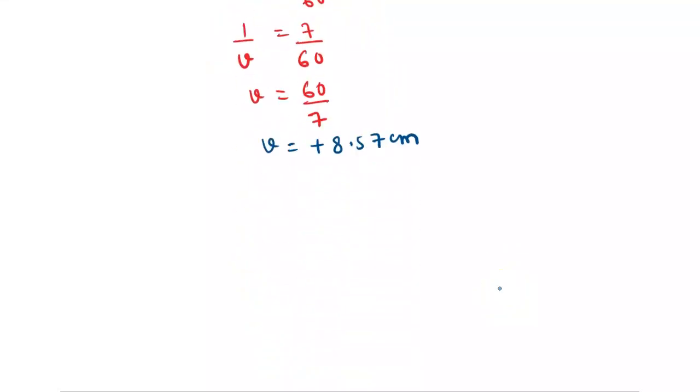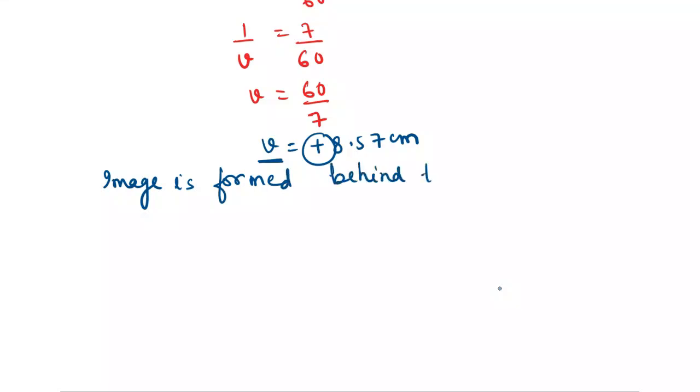Now as we can see that the image distance is positive, the image is formed behind the mirror. Behind the mirror, because on this number line, this is the positive side and this is the negative side.